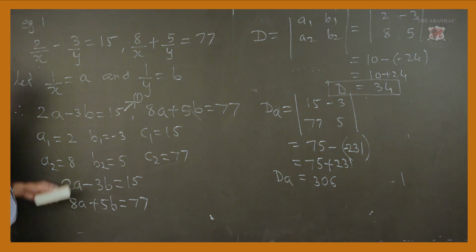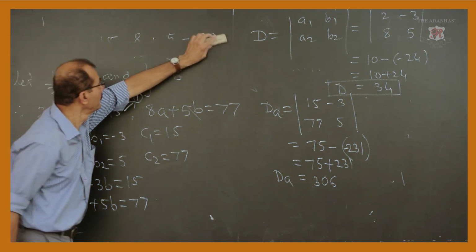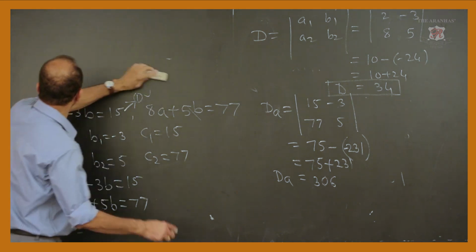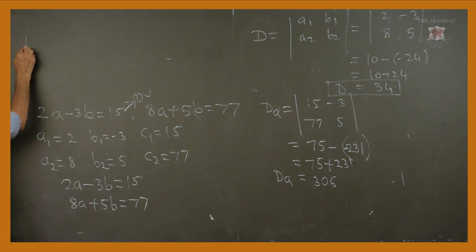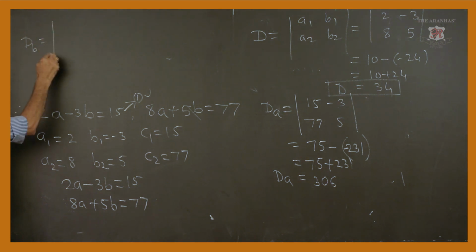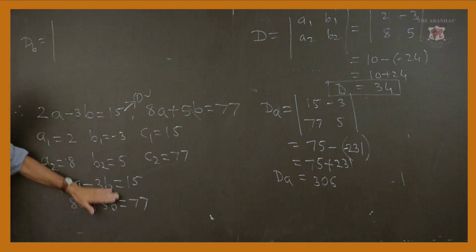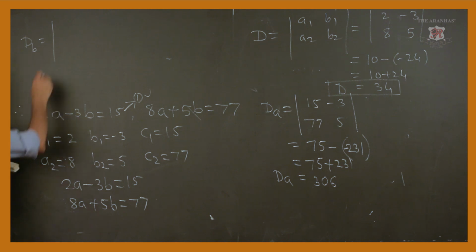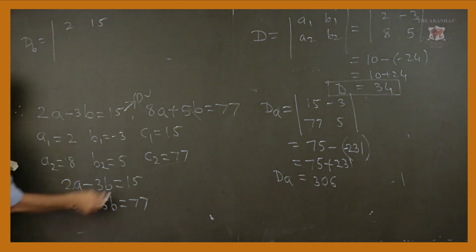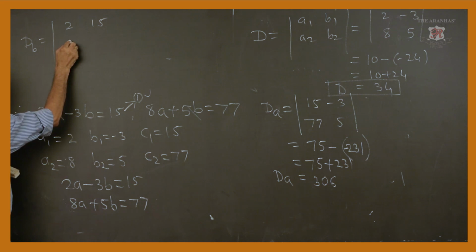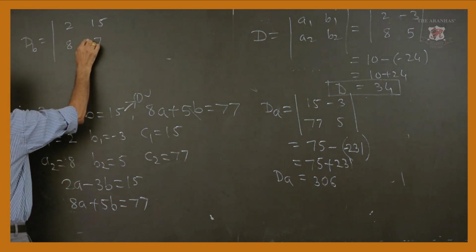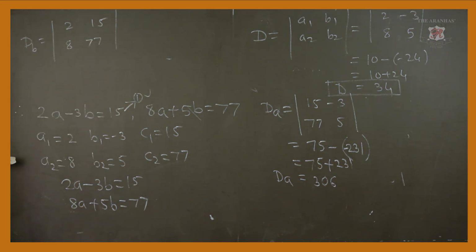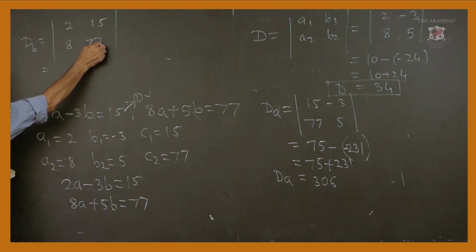Now you will find the value of dB. To find the value of dB, you have to drop the B variable. So you get 2, 15, 8, 77. Now find the value of the determinant. 77 into 2.